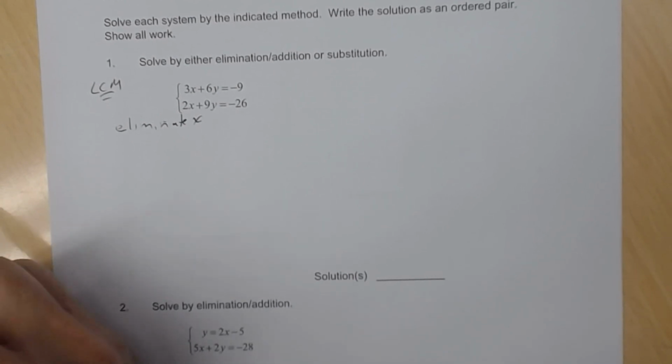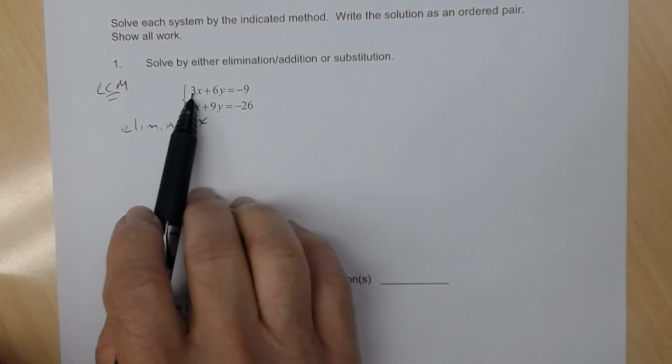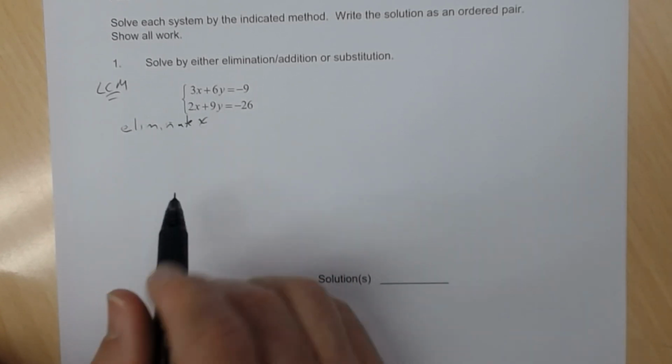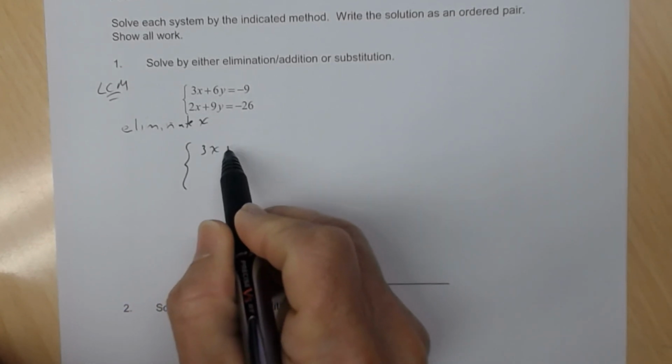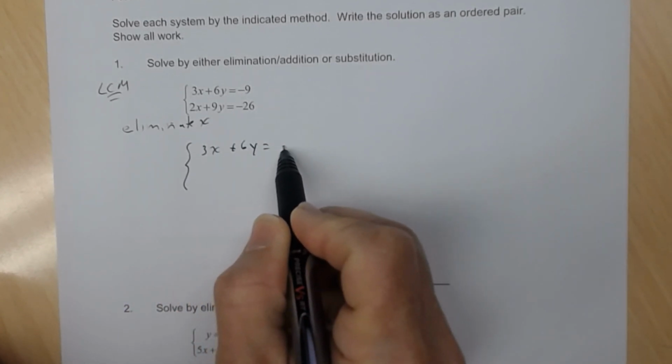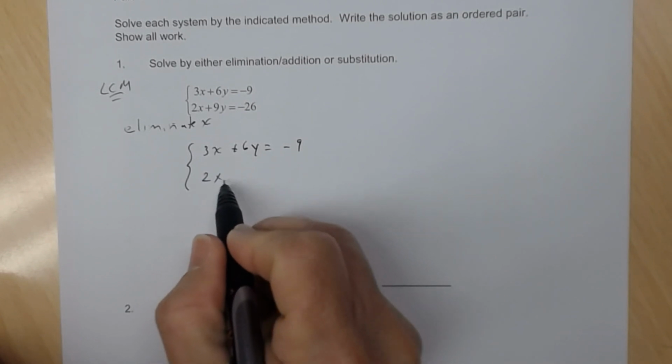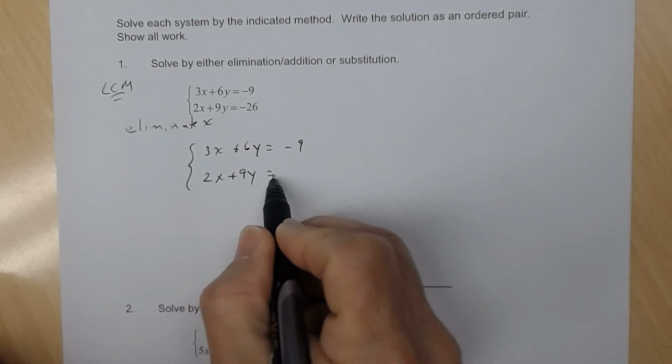So if I want this to be 6, then I've got to multiply this 3 by 2. But remember, I'm going to rewrite this over: 3x plus 6y equals negative 9, and then 2x plus 9y equals negative 26.